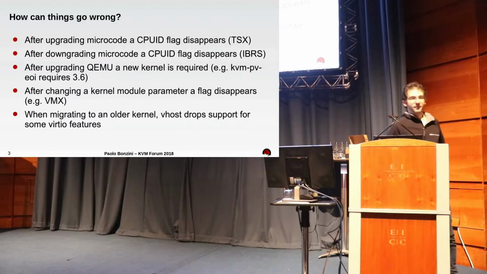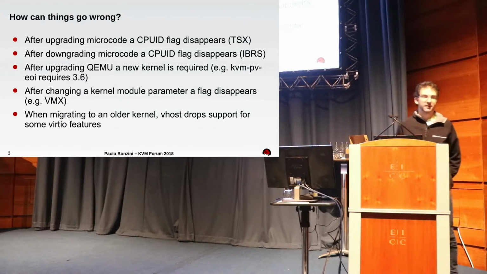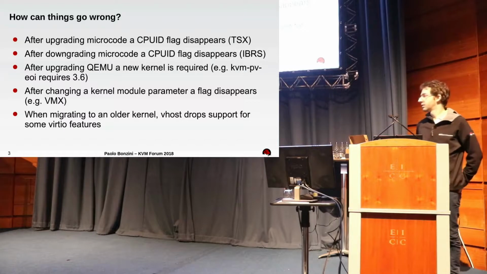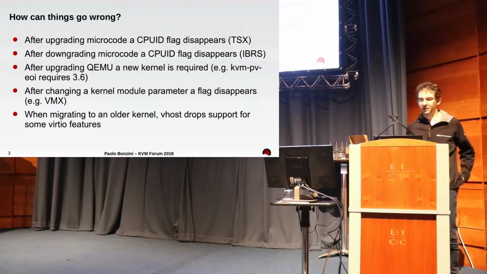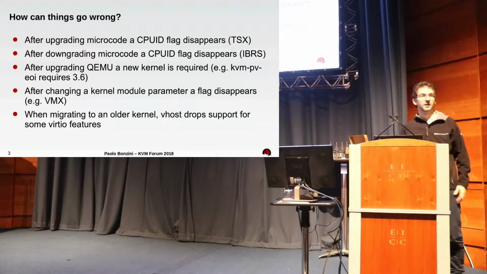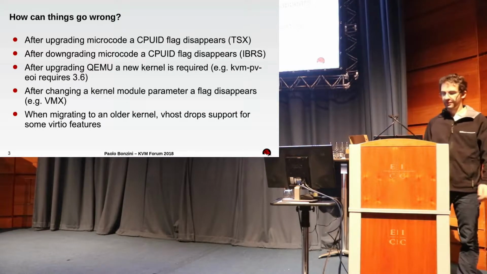It's also possible that somebody has changed the kernel module parameter and the flag has disappeared. For example, somebody had enabled nested virtualization by default, then they reinstalled the machine, they forgot to re-enable it, and your virtual machine is expecting the VMX CPU flag. It's not there, and the virtual machine doesn't start.